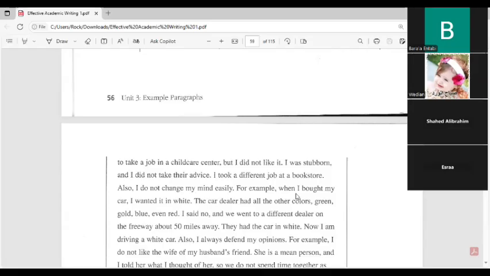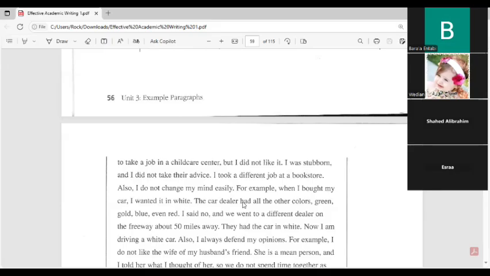I was stubborn and I did not take their advice. I took a different job at a bookstore. Also, I do not change my mind easily.